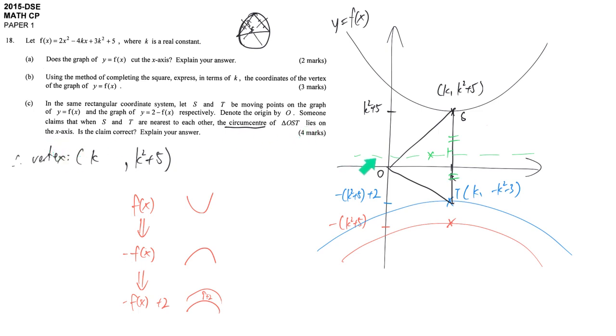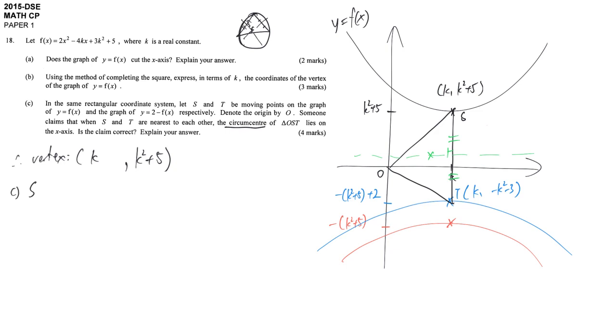Of course, our answer is no, because it should lie on this horizontal line, which is not the x-axis. They never cross each other. So, to be more precise, our target is to claim the circumcenter lies on the green line. We are going to find the height of the green line and then say that it's not the x-axis.